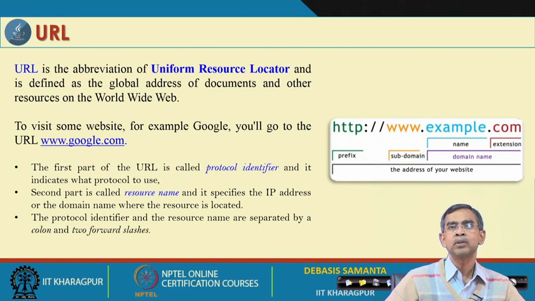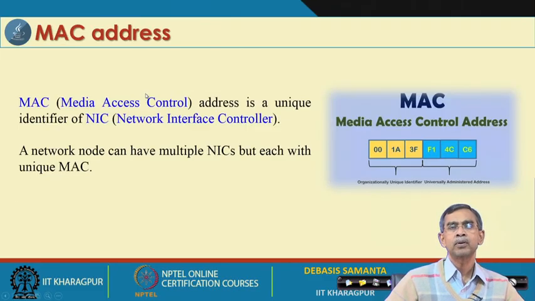The resource name is www.example.com, for example; both together form the URL. Instead of HTTP, there may be FTP or SMTP and so on. So, different protocols are followed. We will discuss the different protocols shortly.